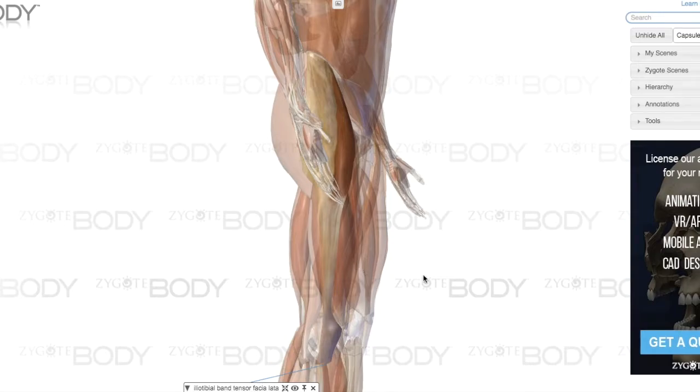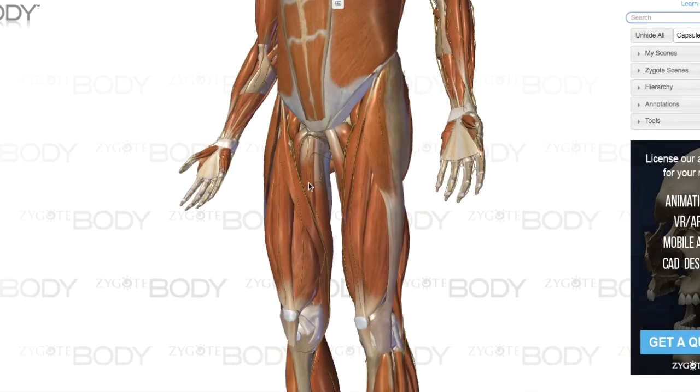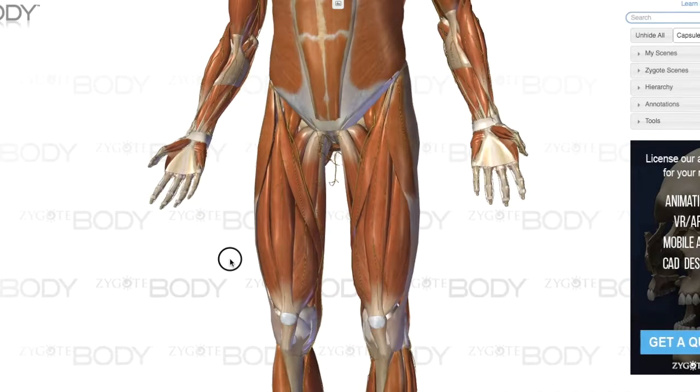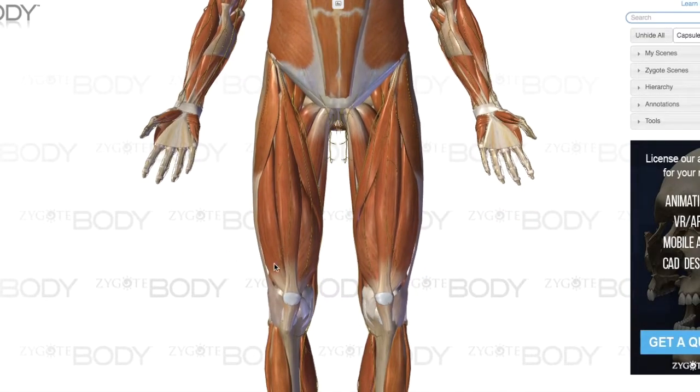They're connected, so this is one muscle from the side, on the lateral side, the outside. And then you have the inside, which is the adductor group muscle. All of them originate from the hip and insert into your knee joint, of course on different parts of the knee joint and the hip joint.